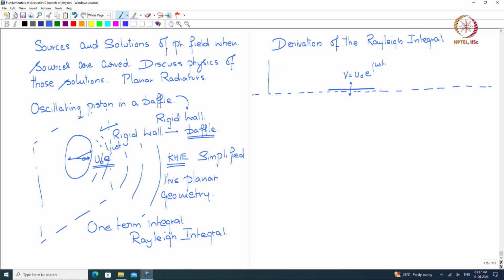Let us say z is in that direction, positive. Maybe x and y are here, x is like this, y is like this, z is up.